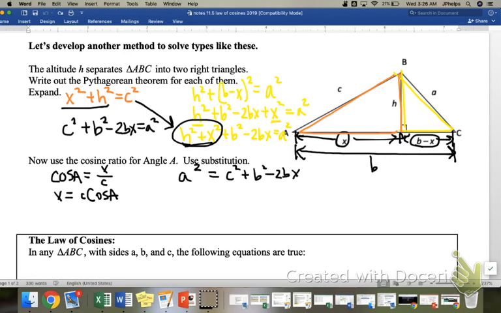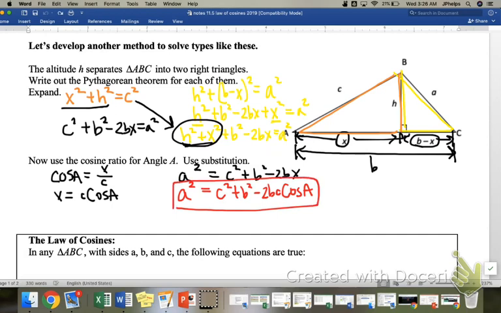And we've got x right here. So because we know what x is, c times cosine of angle A, we can go ahead and substitute that in. And when we substitute that in for x, we've got a squared equals c squared plus b squared minus 2bc cosine of angle A. And this is the law of cosines.